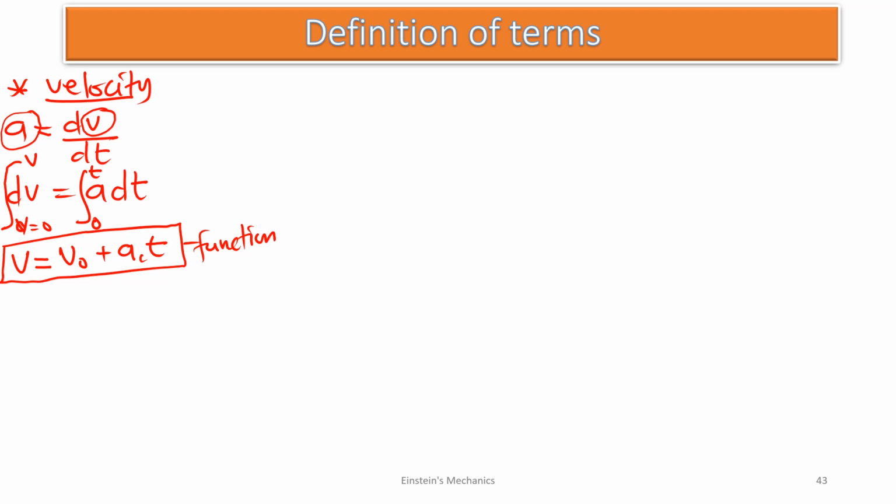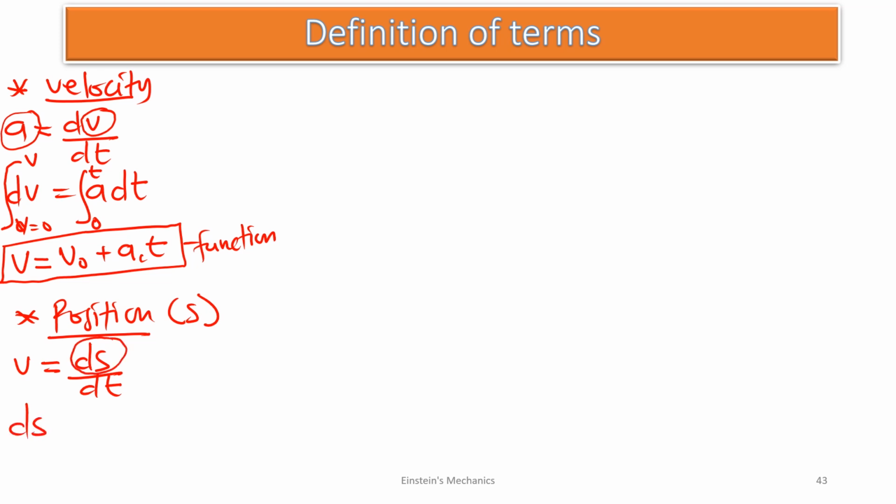The same thing, we can consider the position, which we are calling s. What we know is that when we differentiate the position with time, we are getting the velocity v. So now we are interested in the position, which is ds. We can say dx is equal to v dt. Then we apply our integral.